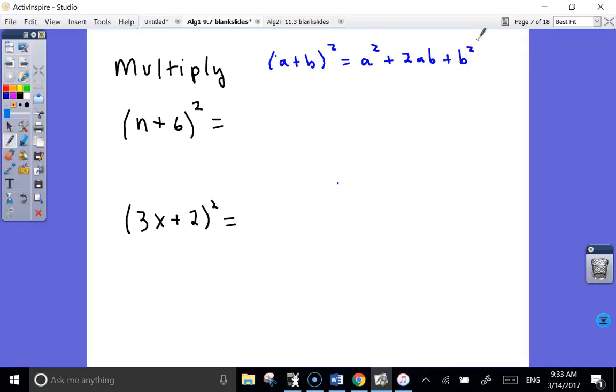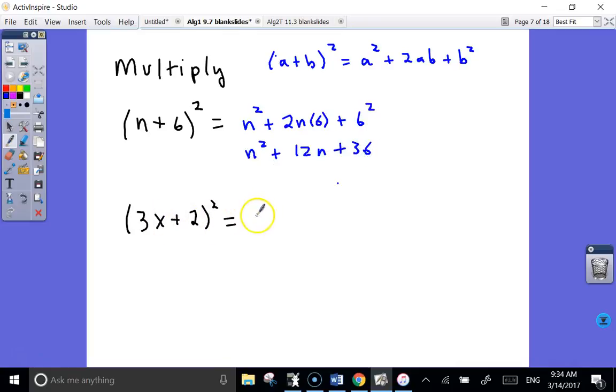Which means it's the first thing squared, the last term squared, and then twice the inner product, 2 times ab. So in this problem right here, it would be n squared plus 2 times n times 6 plus 6 squared, which is n squared plus 12n plus 36, right?